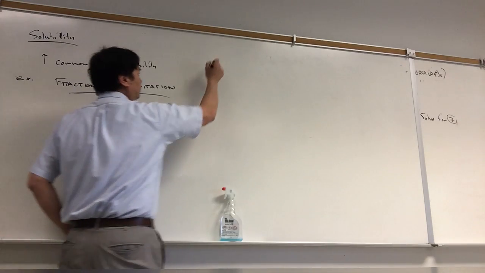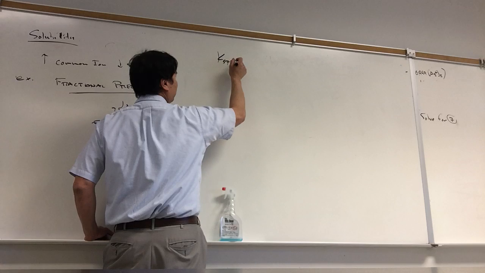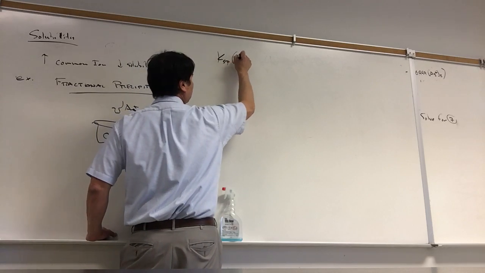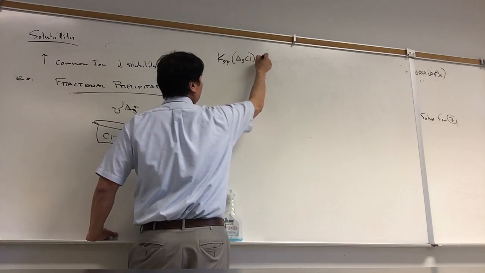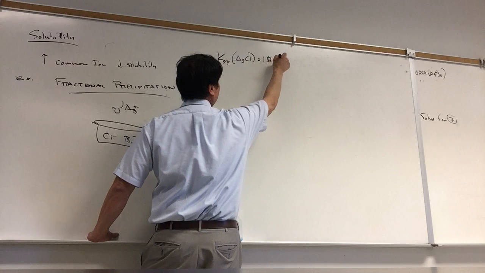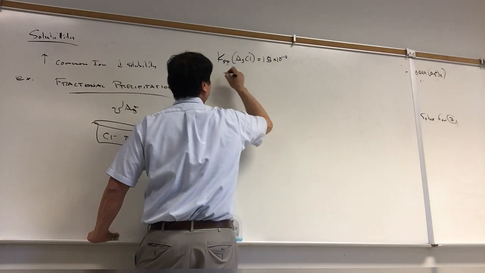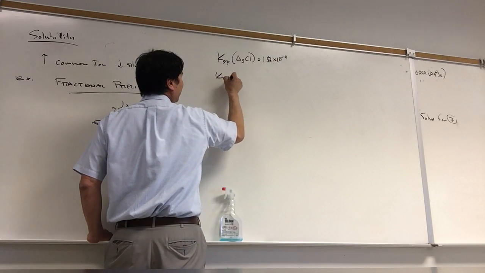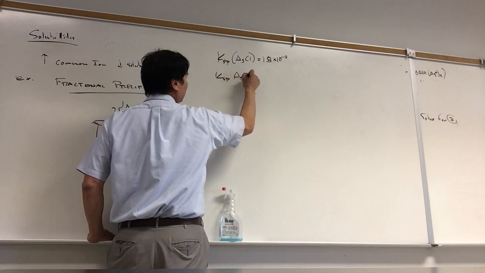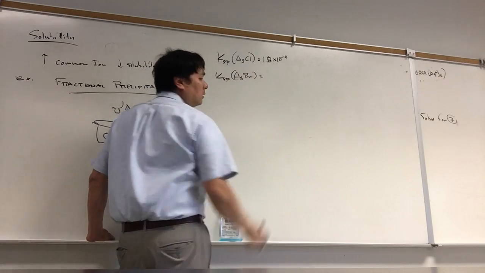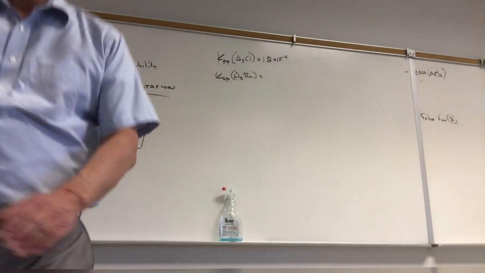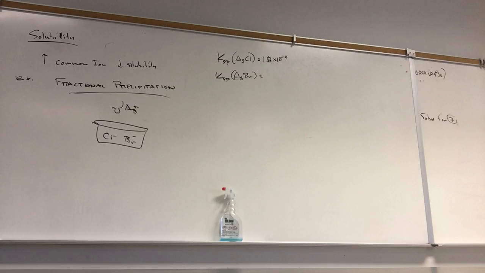But they don't have the same solubility. And so if I look at the KSP for silver chloride, which is 1.8 times 10 to the minus 10, and then compare that to the KSP for silver bromide. Silver bromide has a KSP of, let me get that up here.